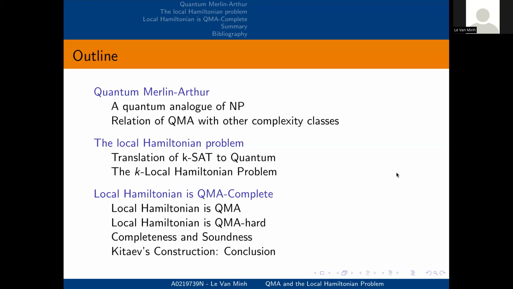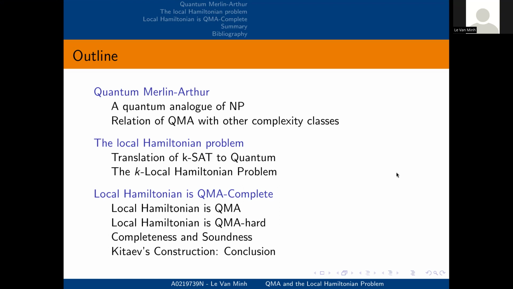And the outline of the lecture: we will first introduce Quantum Merlin-Arthur, how to define it, how it is analogous to NP in classical computing and its relation to other complexity classes that we will briefly go through. And then we will get into something more concrete, the local Hamiltonian problem.